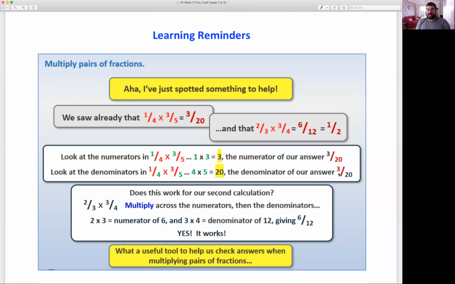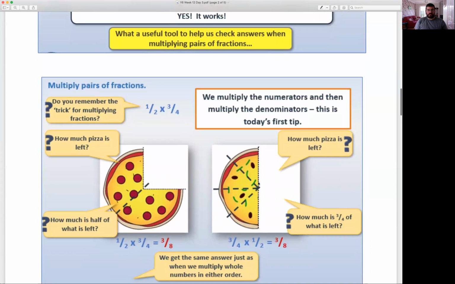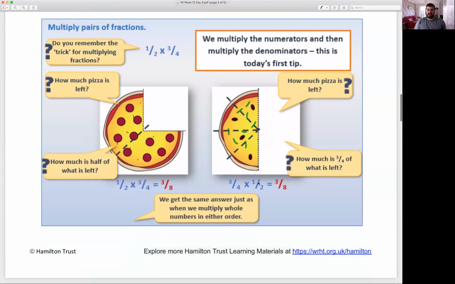Okay, that's important. Does it work for our second calculation? Yes, it does. 2 times 3 is 6, 3 times 4 is 12. So it's helpful. It helps us to get an answer quickly. It helps us to check if we've understood right when we're doing our sum. Now, there's also an interesting thing we can do.